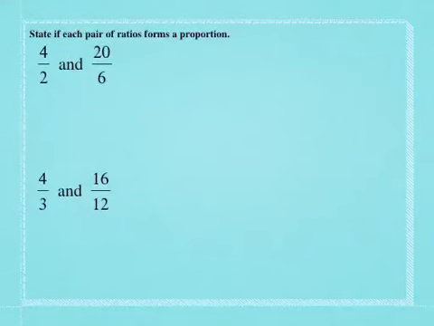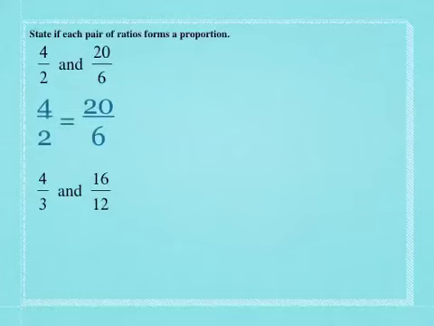So in these two examples, we're asked to state if each pair of ratios forms a proportion. In the first example, I'm given 4 to 2, or 4 over 2, and the ratio 20 to 6. What I'm going to do is first set up a proportion, and I'm going to say 4 over 2 equals 20 over 6. We're not quite sure if it does yet, so that equal sign might not be valid.